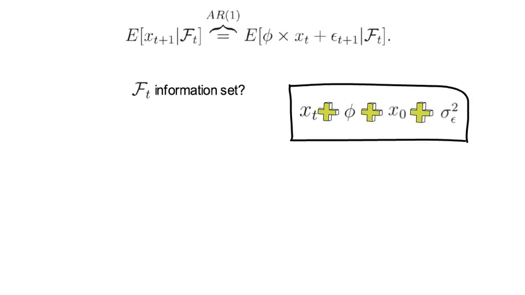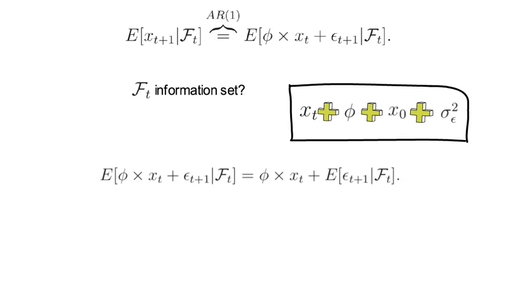And finally, as variables of your information set are actually observed, the expectation coincides with that observation. So hence, just put them outside of the expectation operator. This means that you can write the expectation of phi xt plus epsilon t plus 1 conditional on Ft as phi times xt plus the expectation of epsilon t plus 1 conditional on Ft.